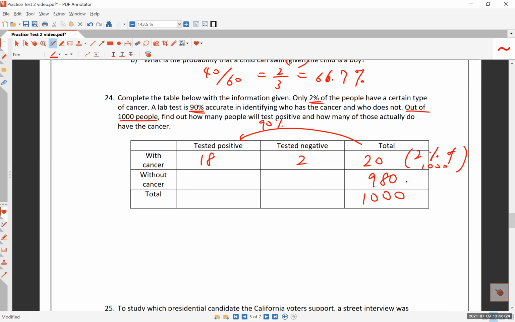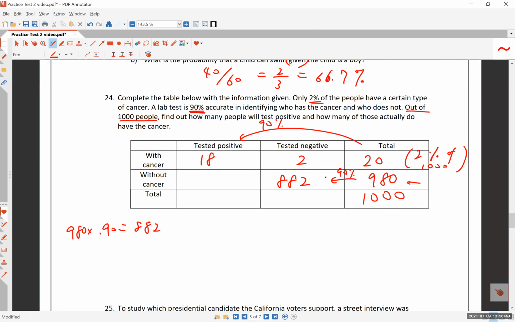But now focus your attention on the 980 people. 90% of those will test negative, and 90% of 980 is 882. So 882 people will test negative correctly.